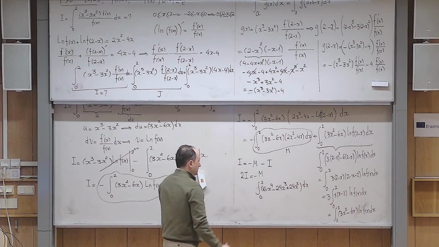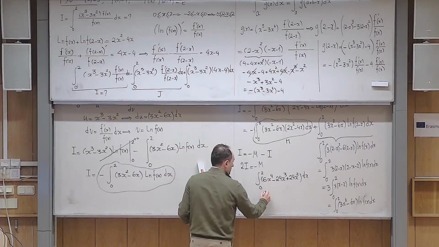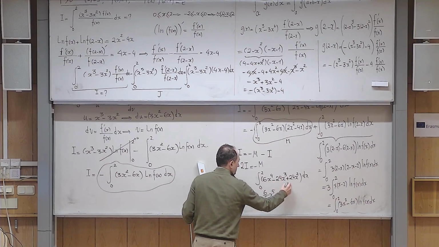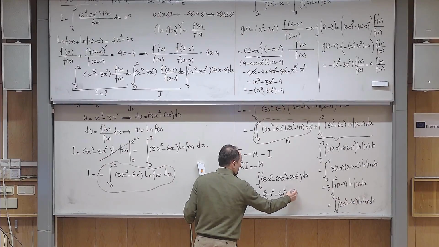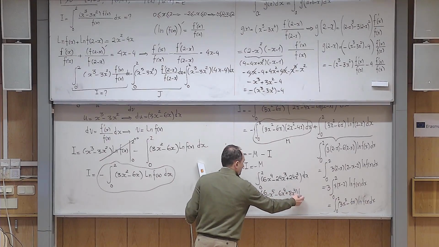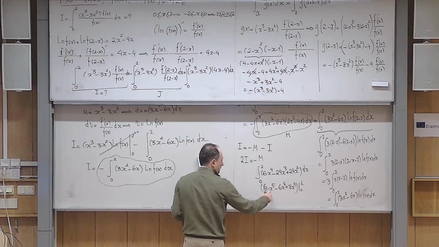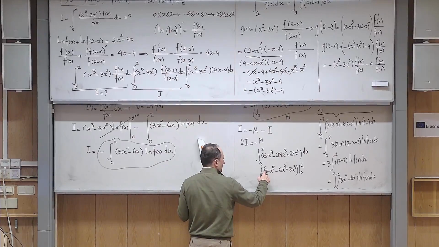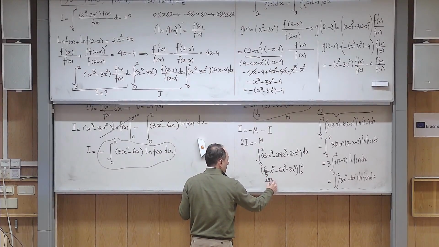Okay? But if I want to calculate this, this becomes 6 over 5 x to power 5 minus 6x to power 4 plus 8x to power 3. I have to run it from 0 to 2. If I put 2 here, 32 times that, 192 over 5. Am I right? 32 times 6, yes.